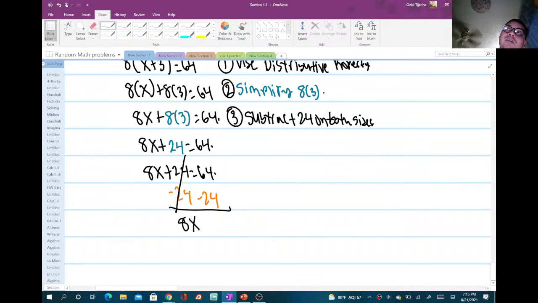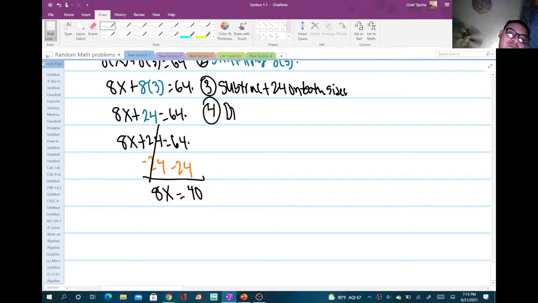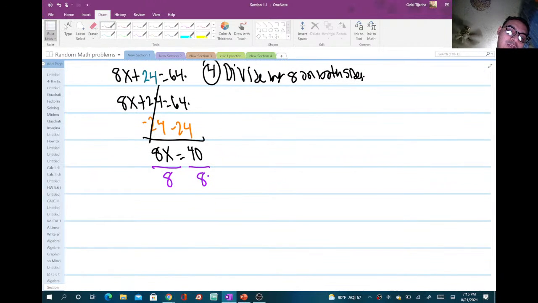This will give you 8x equals 40. And then you're going to do number 4, divide by 8 on both sides, excuse me. So you do 8x divided by 8, and then you have x equals 5.